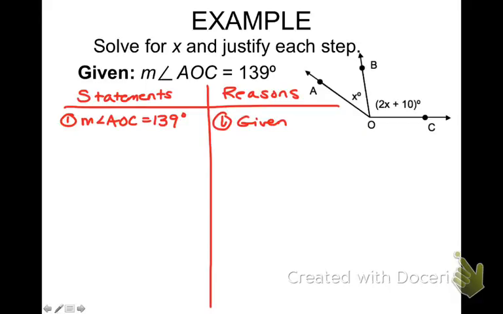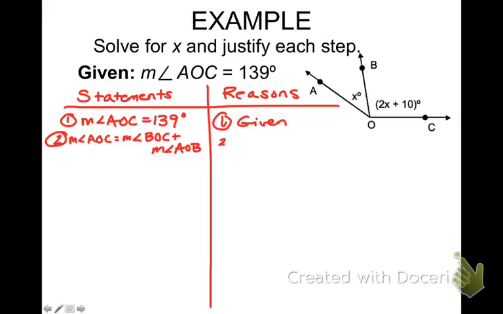For substitute, we have to come up with the angle addition statement. When you're dealing with anything with angles or line segments, you have to do the actual letters before you get to the numbers. So we're going to write out the angle addition statement, which tells us that the measure of angle AOC is equal to the measure of angle BOC plus the measure of angle AOB.